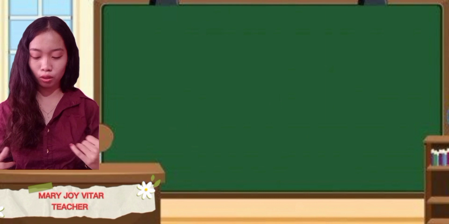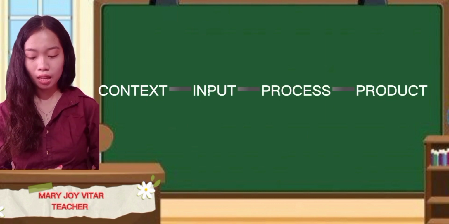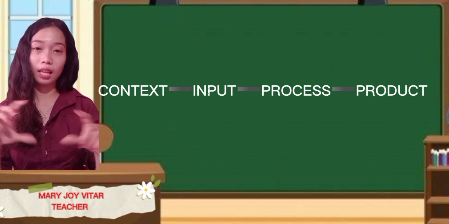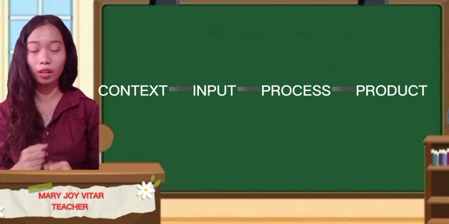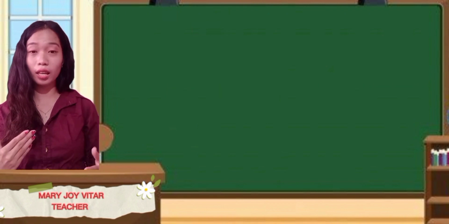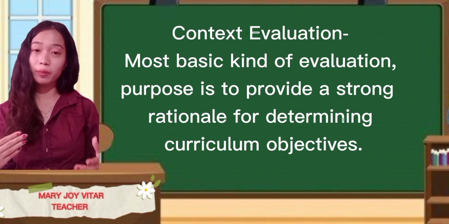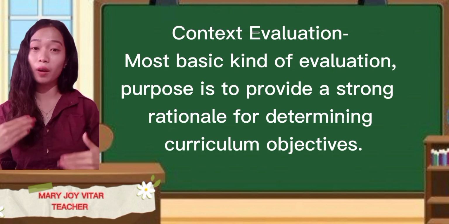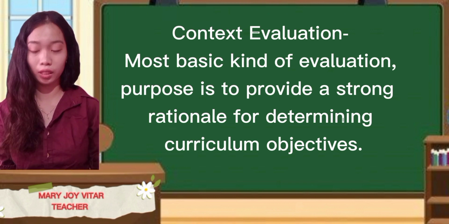Take a look at the screen. That is the Stufflebeam CIPP model. First you will see the context, next is the input, next is the process, and lastly is the product. The context evaluation, according to Stufflebeam, is the most basic form of evaluation. Its purpose is to provide a strong rationale for determining curriculum objectives.